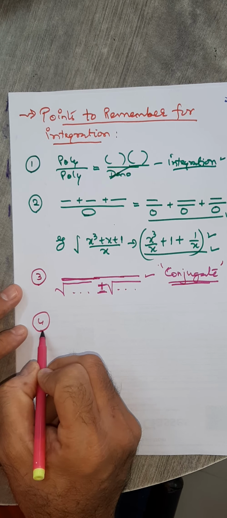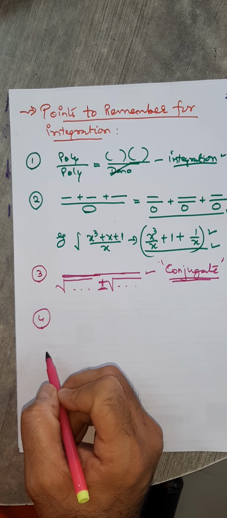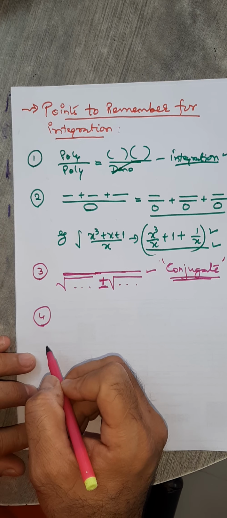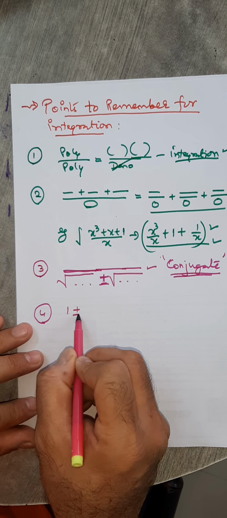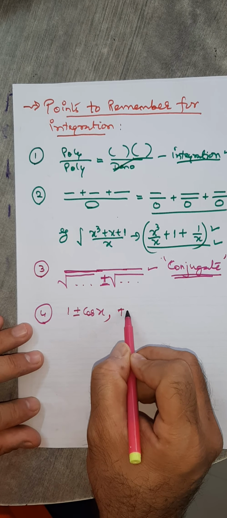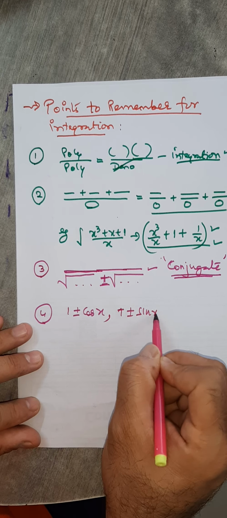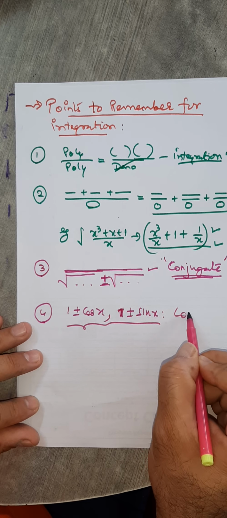Fourth point. Now we just switch over to trig functions. If you have 1 plus or minus cos x, or 1 plus or minus sin x, if you see usually these 4 terms, again take conjugate.